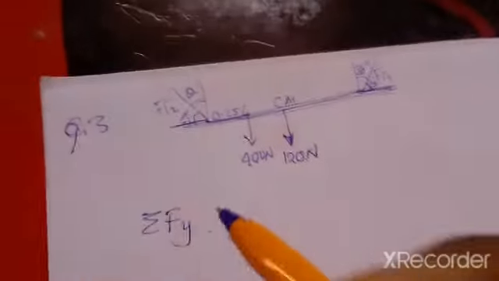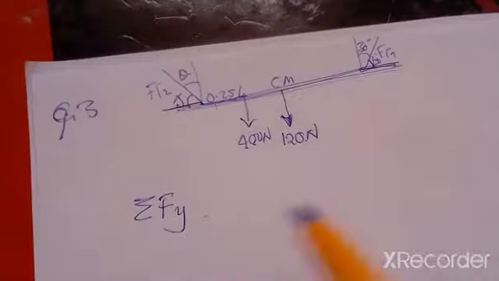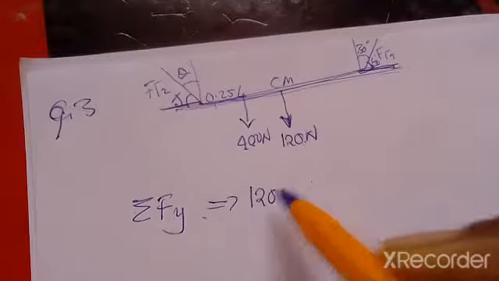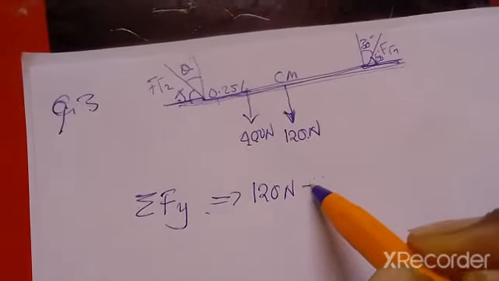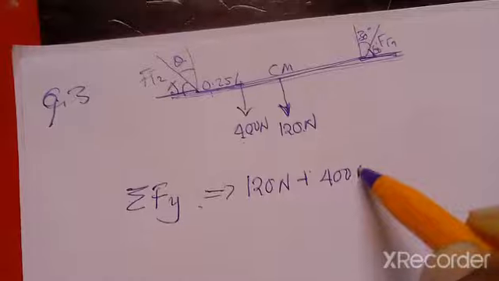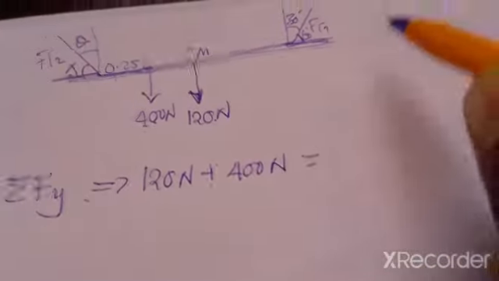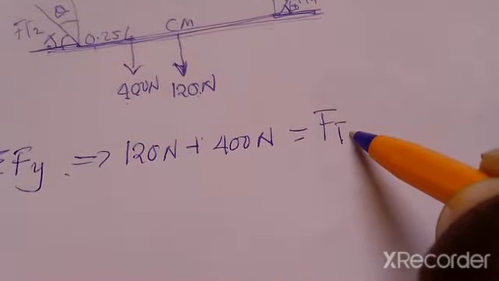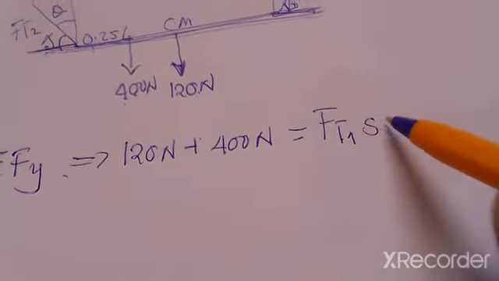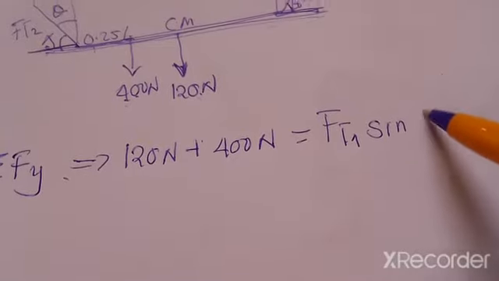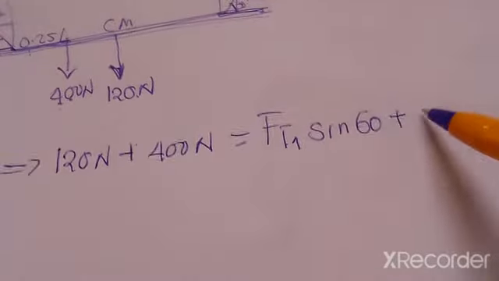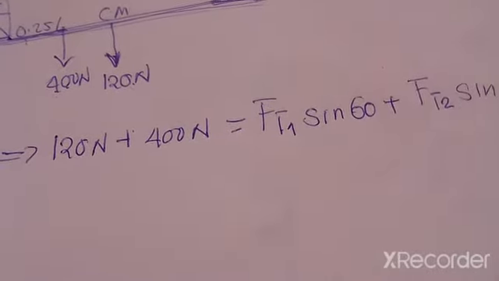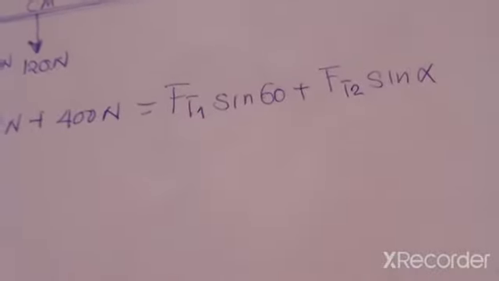All right, so the angles that we have here will be, in the y-axis, we'll have 120 newtons, okay, plus 400 newtons, giving us, I'm going to take FT1 sine 60 plus FT2 sine alpha. Okay, that's what we have there.